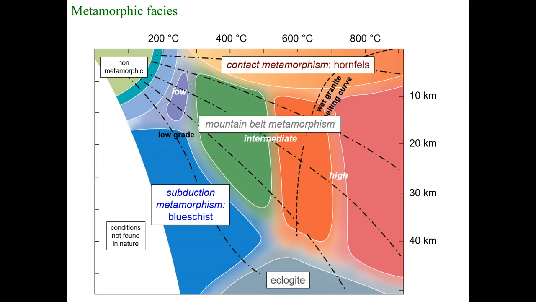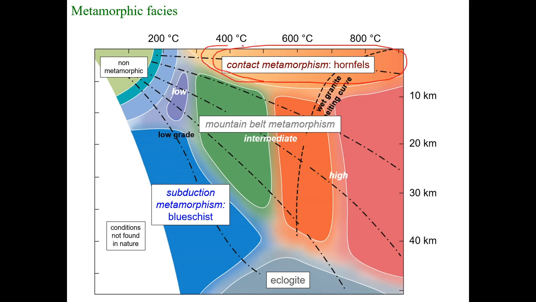These are different regions of pressure temperature space, and it's useful to refer to these different facies to give us a sense of what the pressure temperature actually is. So this is, for example, called the Hornfels facies.